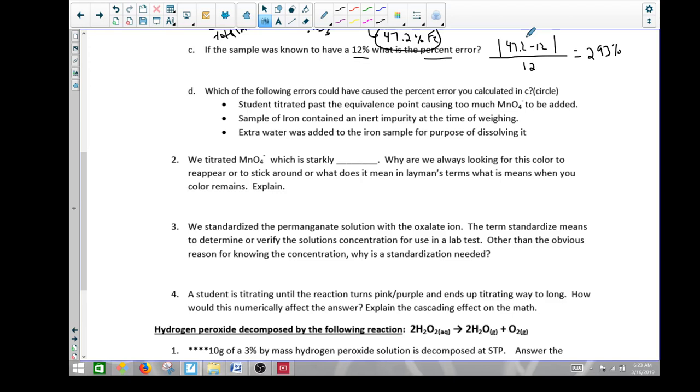So in this situation, if we look at the math on this thing, the percent mass of iron is the mass of the iron divided by total mass.